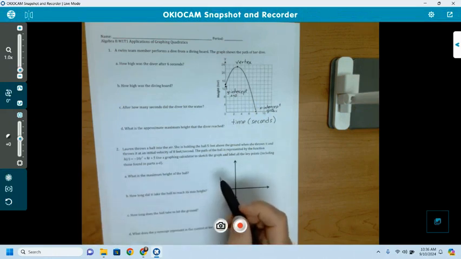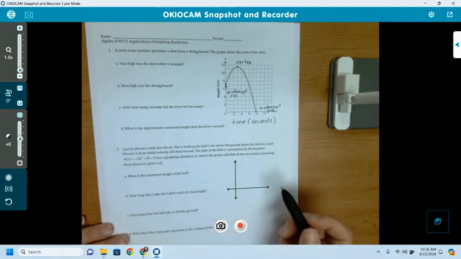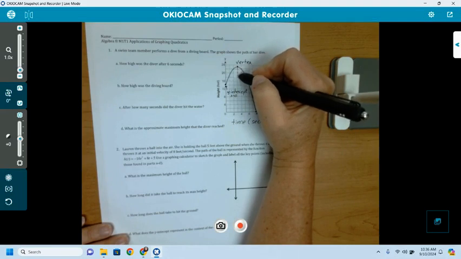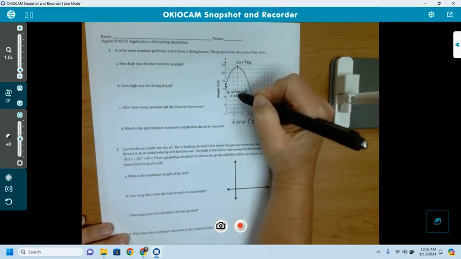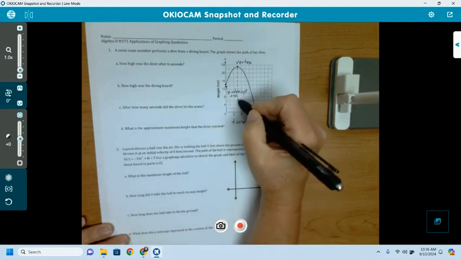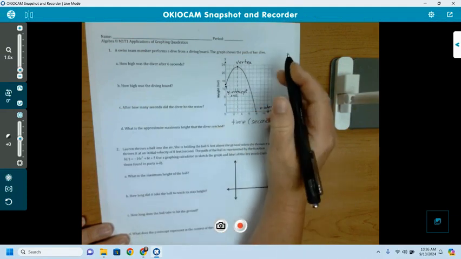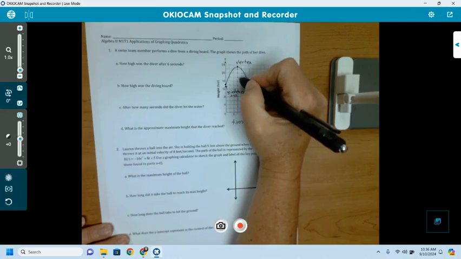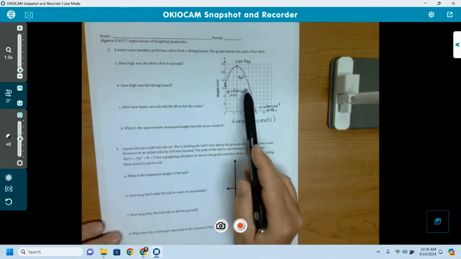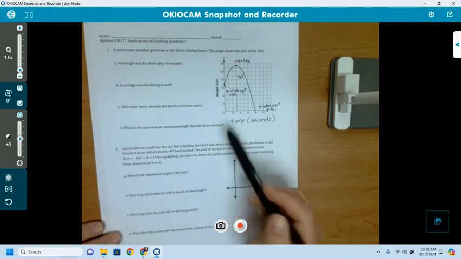What's another bit of information we can add to this? Straight down from the vertex, we have an imaginary line that is called the axis of symmetry. The axis of symmetry means it is the same on both sides.